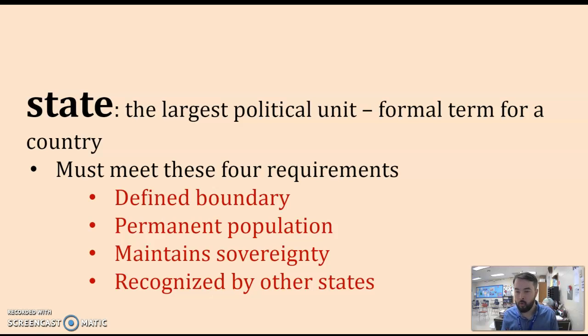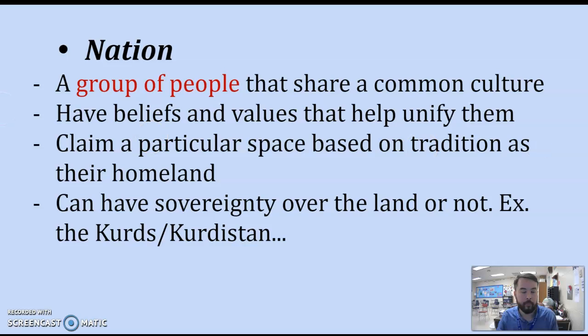It's the formal term for a country. And it must meet 4 different criteria: a defined geographic boundary, a permanent population, it maintains its sovereignty over other states around it, meaning freedom, and it's recognized by other states as being legitimate.